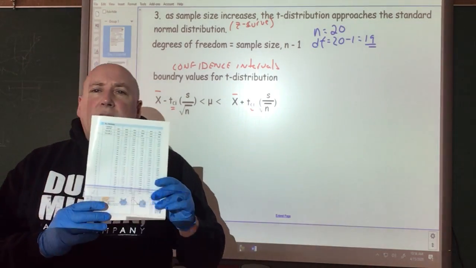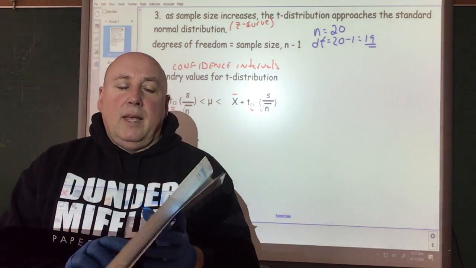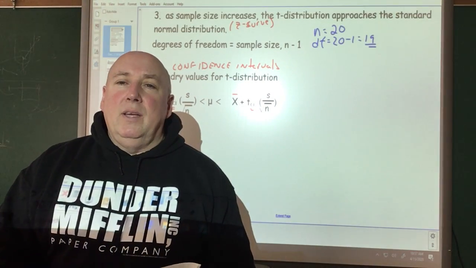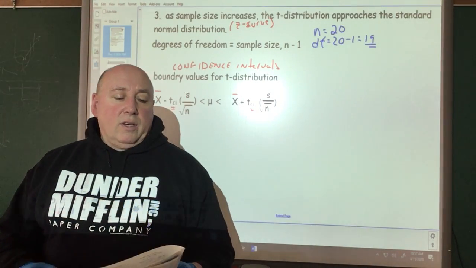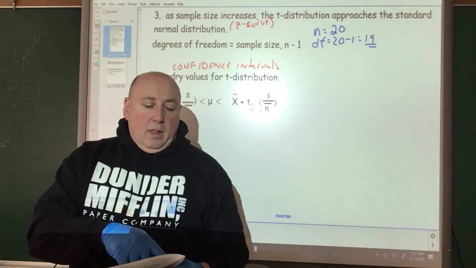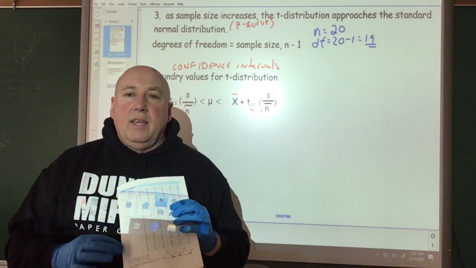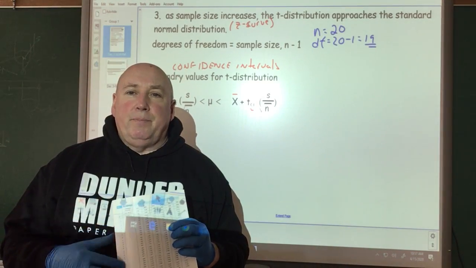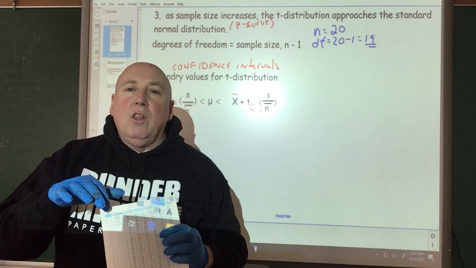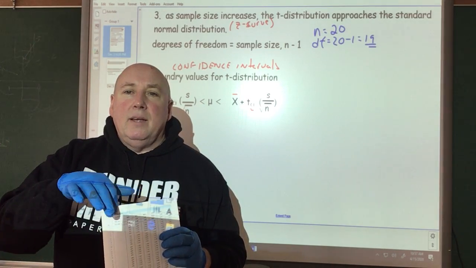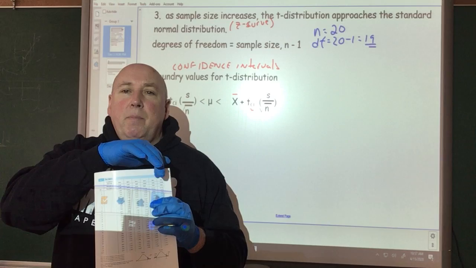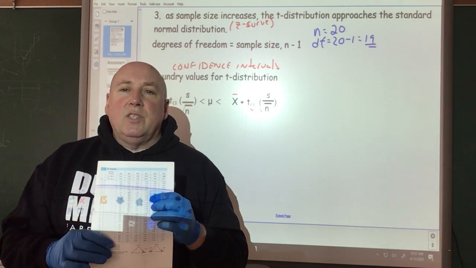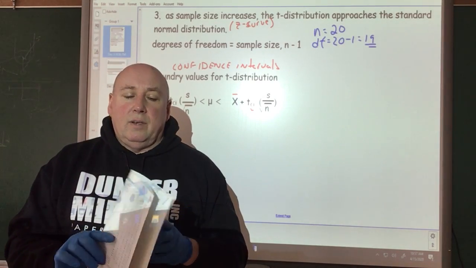If we look at a t-distribution, the nice thing about this table is the left-hand side gives us our degree of freedom. Along the top gives us our confidence interval.